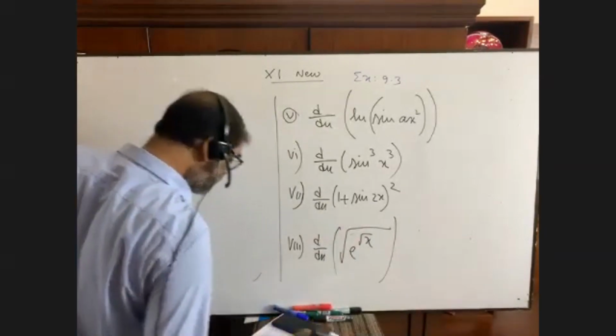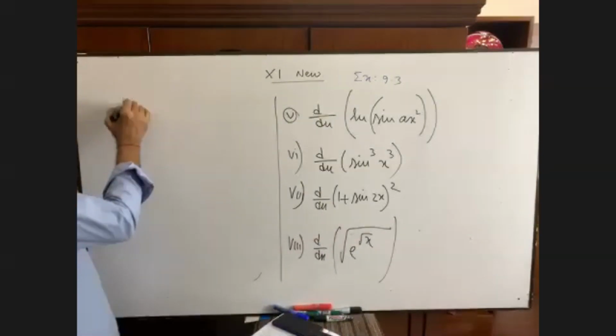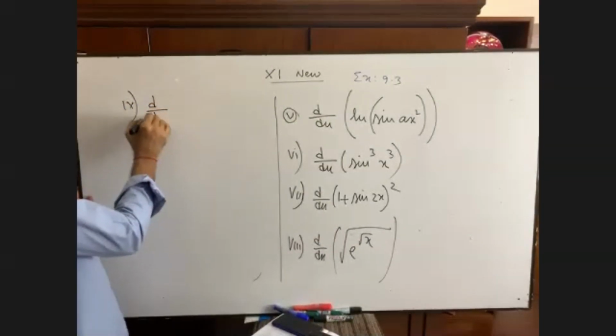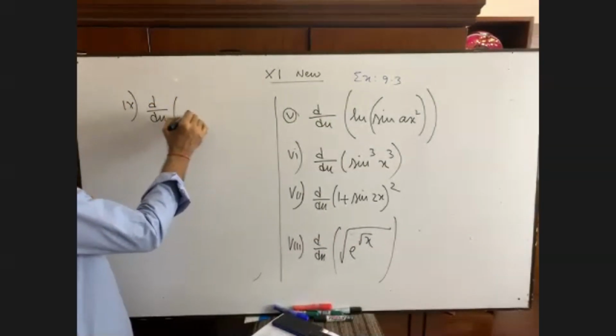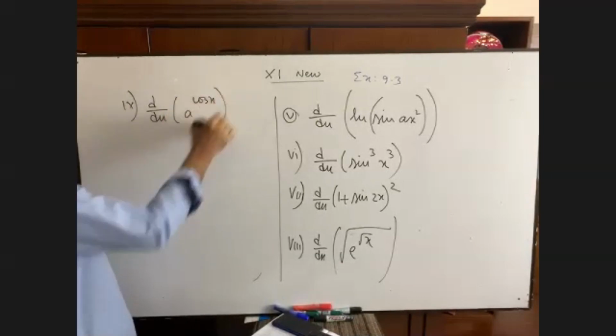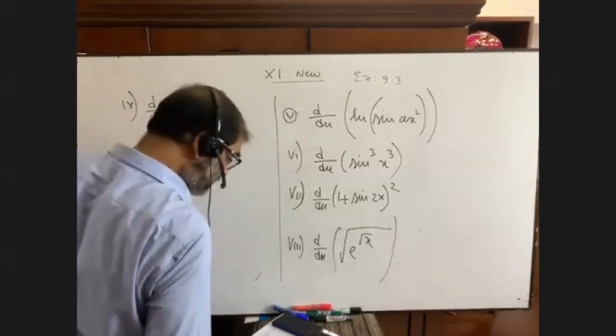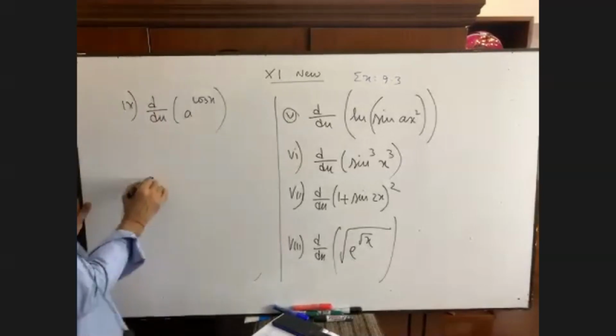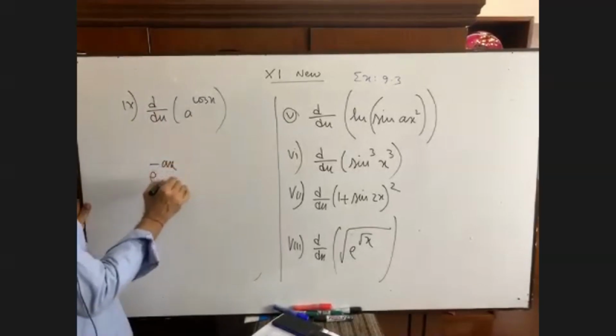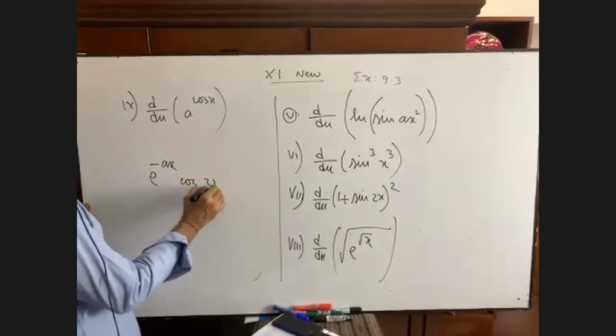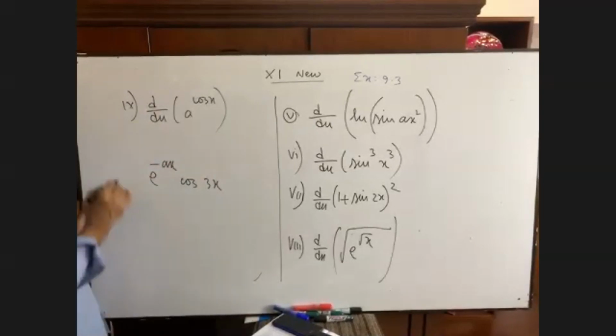Number 9, a to the power cos x. Sir, do you know what the phone number was? Number 4, e to the power minus ax cosine 3x. Okay, it was number 4.